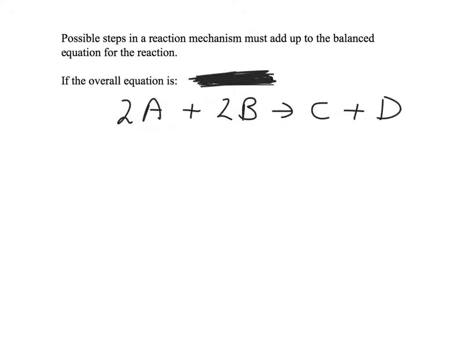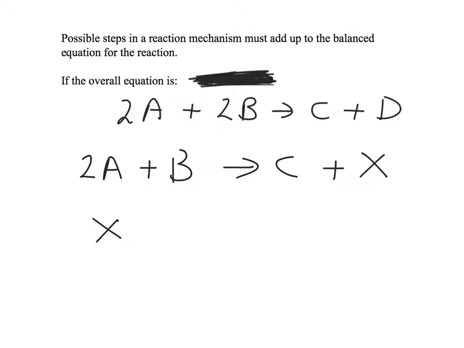So if this is my overall equation here, and I know that in the slow step it involves 2 molecules of A and 1 of B, that could give me a particle of C and some intermediate X. Now X doesn't appear in the overall equation, so I need to get rid of that in the next step.